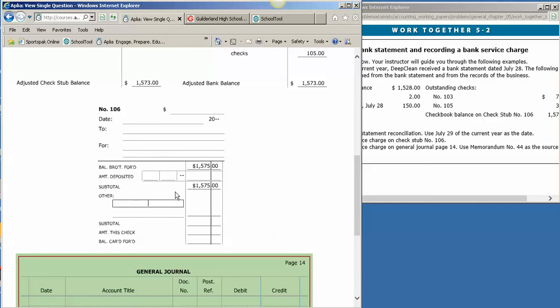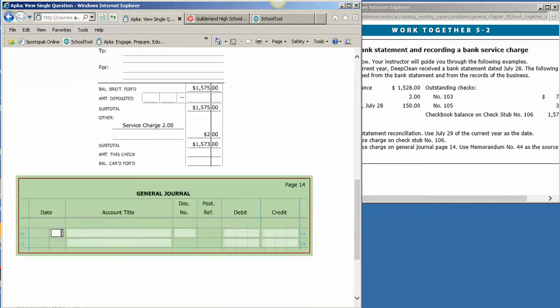So we're going to put service charge for $2 here, and put the dollar amount here. Now we have to subtract this, and our new balance is $1,573. Again, now our balance in our check stub matches the balance on our bank reconciliation in both places.